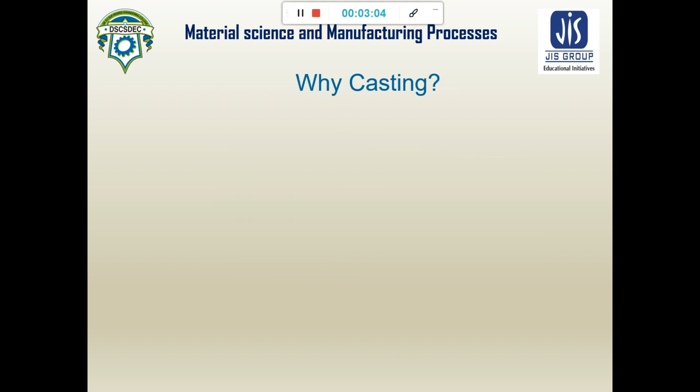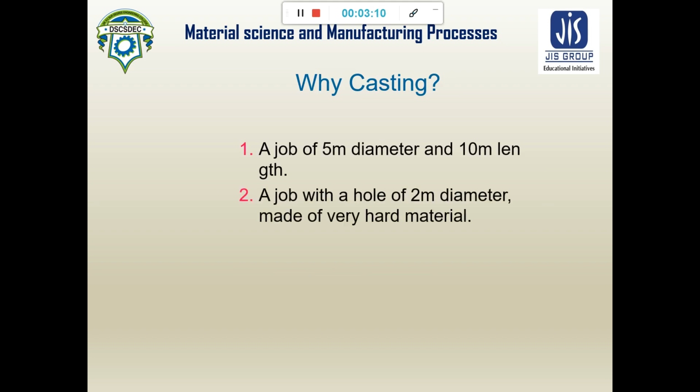So why is casting important? Because a job of 5 mm diameter and 10 mm length with a hole of 2 mm diameter, made of very hard material, can also be made by casting.